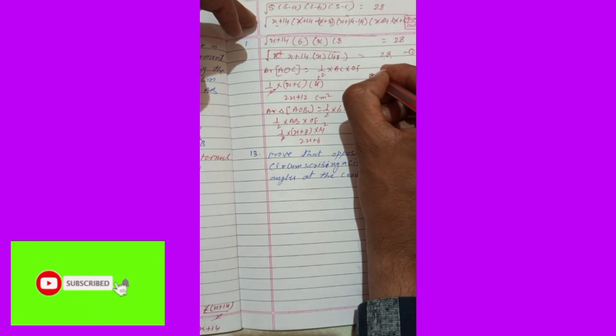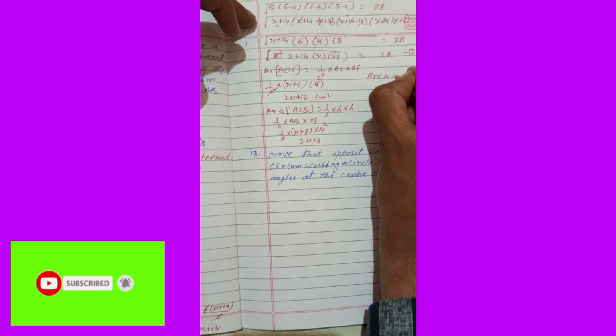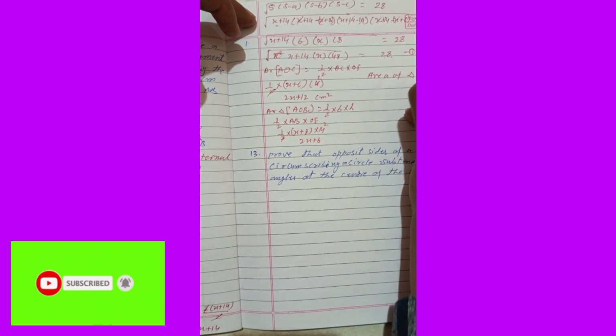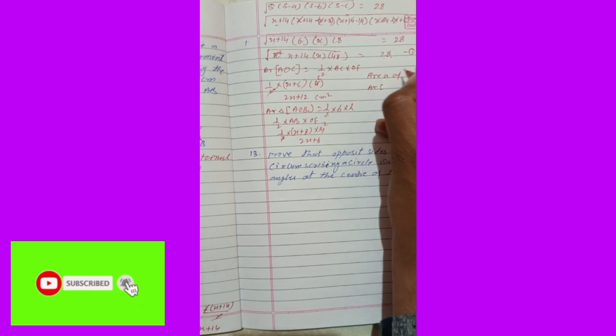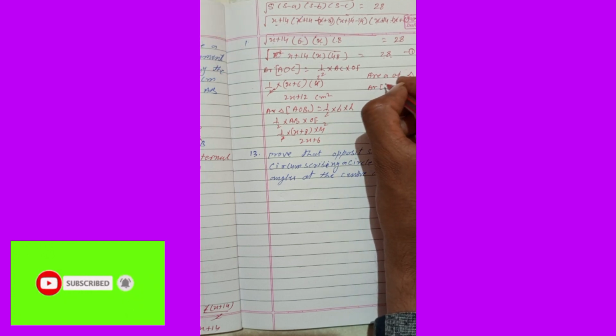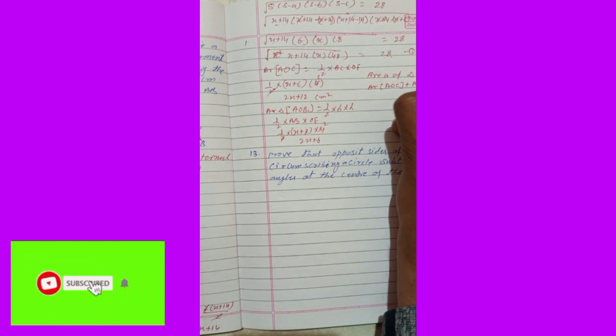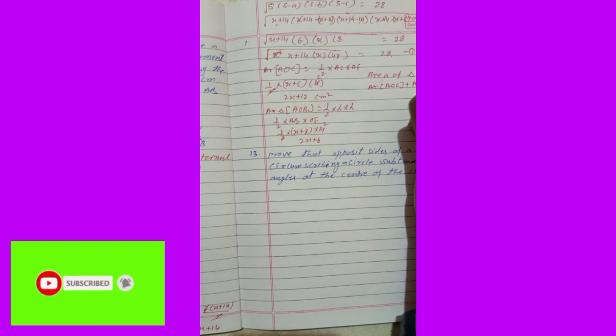Now the total area of triangle ABC is equal to area of triangle AOC plus area of triangle COB plus area of triangle AOB.